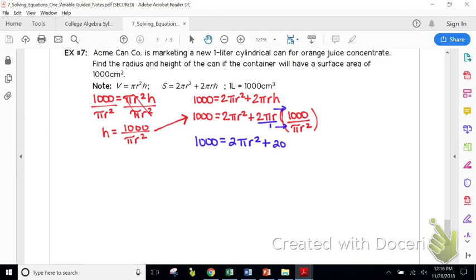So we get 2,000 pi r over pi r squared. I can simplify it more because my pi's will cancel, won't they? And one of the r's will cancel. So I'm left with, on that part, 2,000 over r.